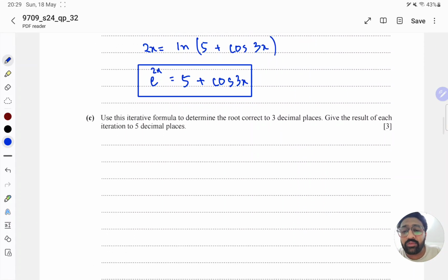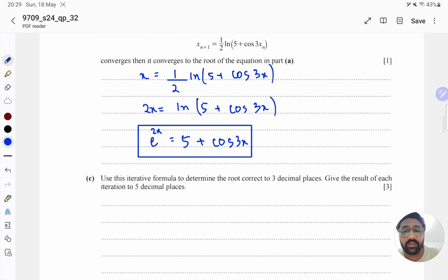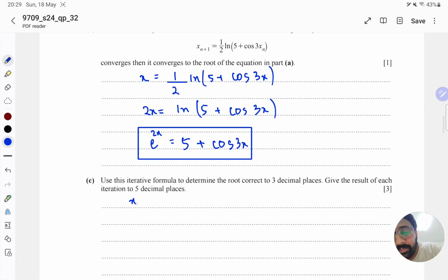Part C says use this iterative formula to determine the root correct to 3 decimal places. Give the result of each iteration to 5 decimal places. So the formula was x n plus 1 equals 1 over 2 ln of 5 plus cos 3xn.